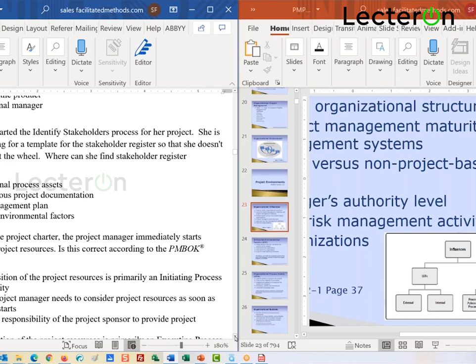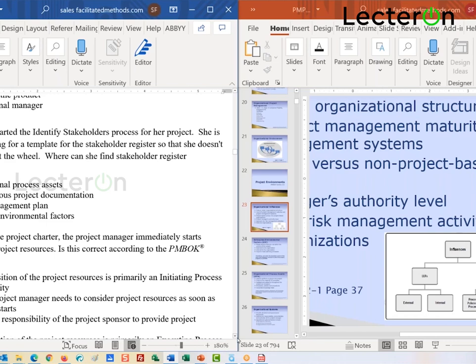The procedures anybody uses, whether they're on a project or not, are policies and procedures at an organizational level, and would be part of what we talk about as an EEF. It's beyond the project, but it's still within the company.